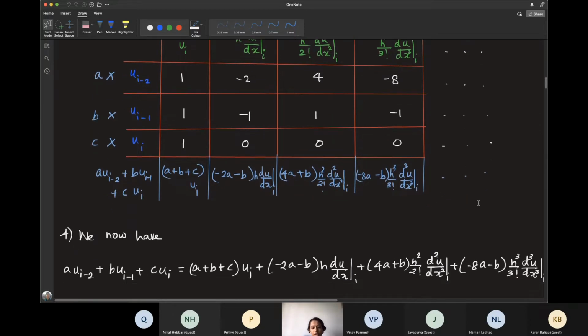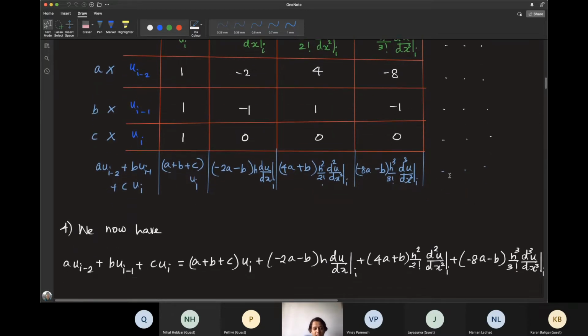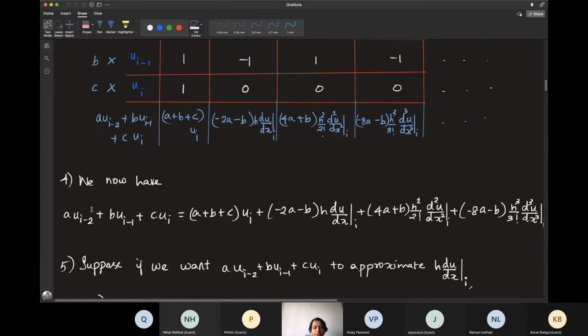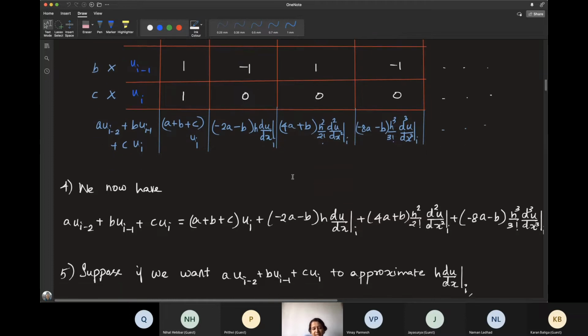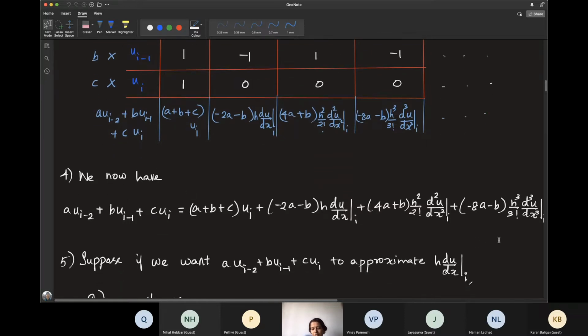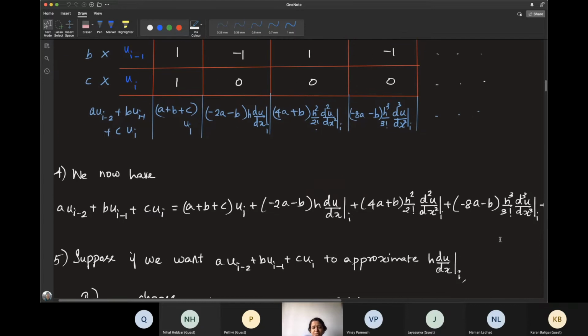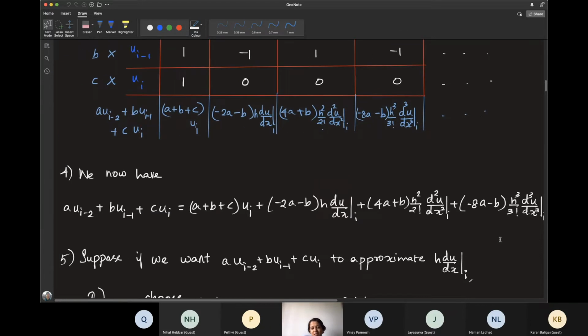Now you have some expression. I'm writing the bottom one in a proper equation format. It's going to be something like this: a ui minus 2 plus b ui minus 1 plus c ui equals the sum of all of these things. This is a similar Taylor expansion only. Now you are going to write it in a compact way, that's it.